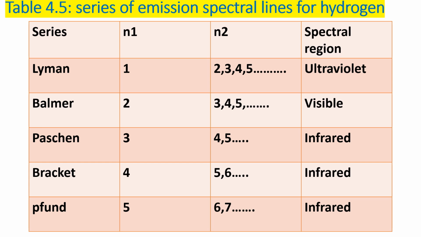Brackett: n1 is equal to 4, then n2 is equal to 5, 6, 7, 8. Pfund: n1 is equal to 5, then n2 starts from 6, 7, 8, 9, 10, and so on. These are present in the spectral regions: first ultraviolet, second visible, third IR, next one also IR, and last also IR.